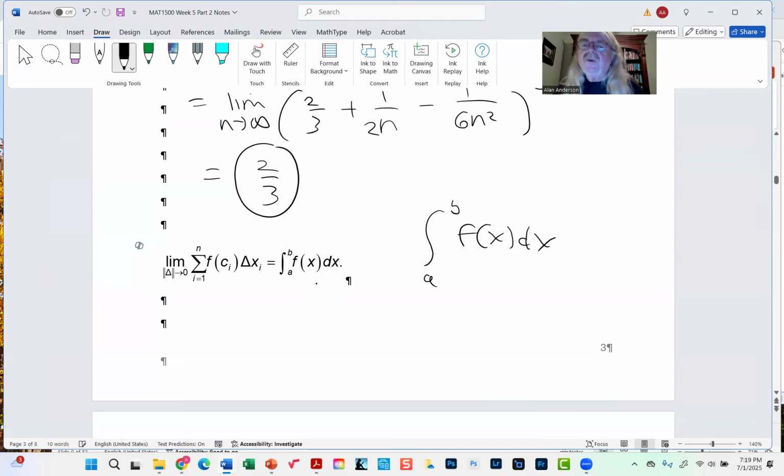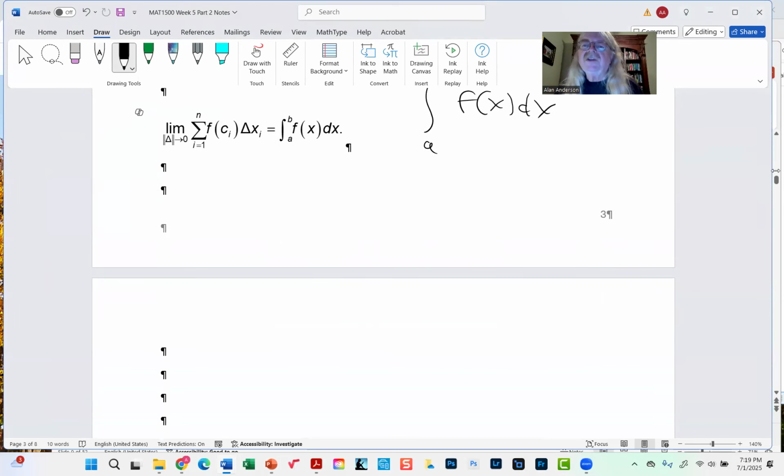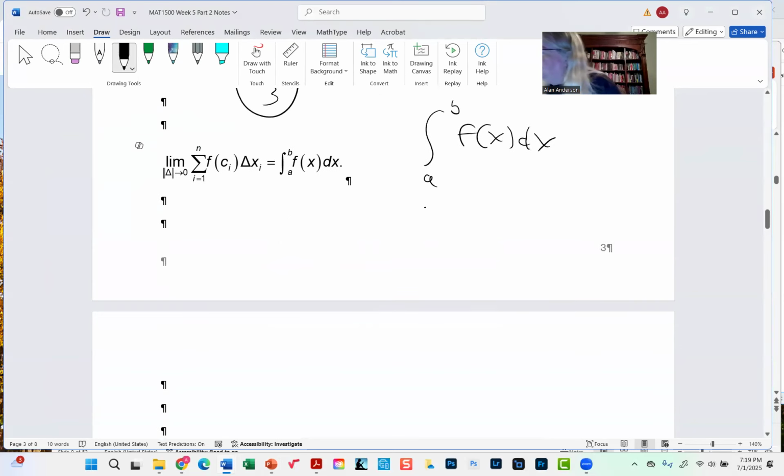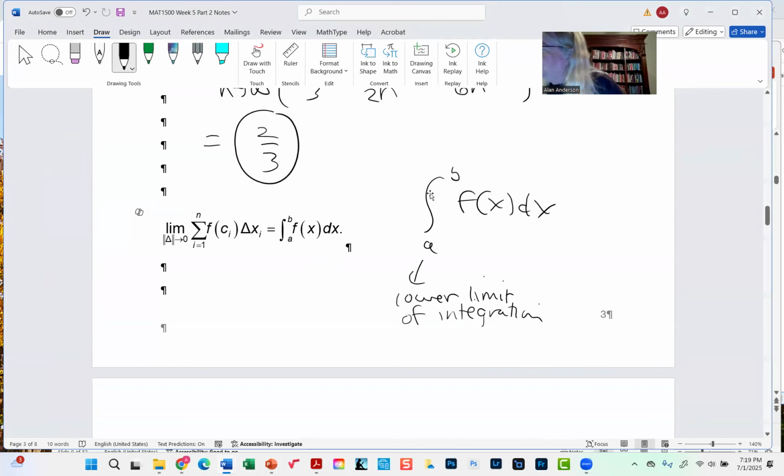We didn't have this before. We have these two limits of integration, as they're called. This is the lower limit of integration. And then, of course, that means this must be the upper limit of integration.